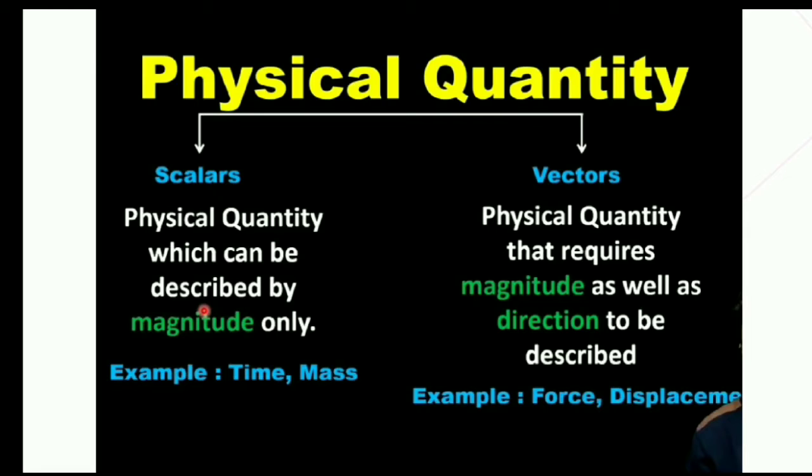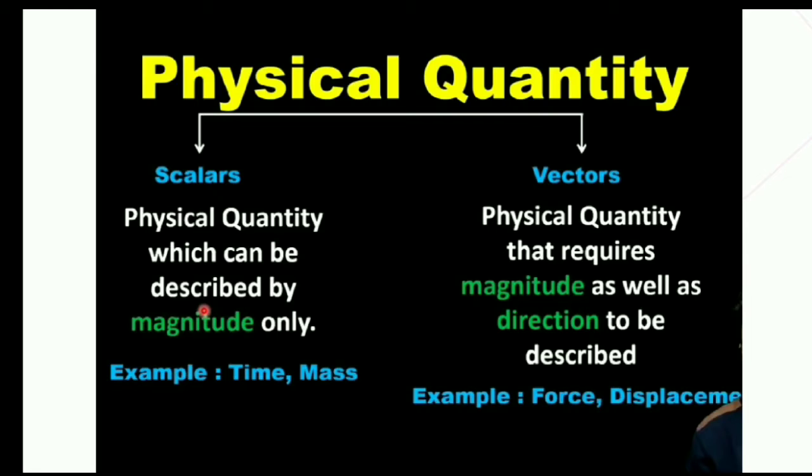If I need to move a chair from a room to the left hand side, okay, what am I telling? That a chair, suppose it is weighing 500 grams, and I need to move it to the left of the room. So we have magnitude and we have the direction also. So this is known as a vector.